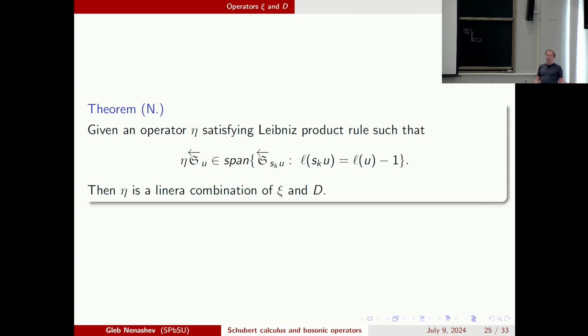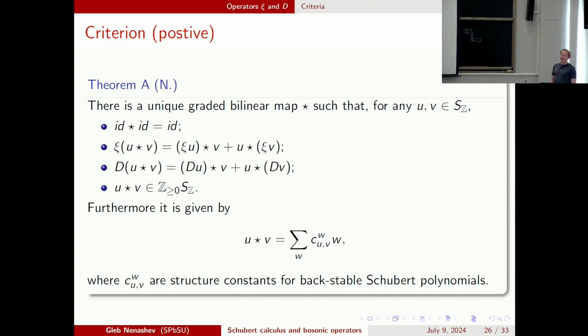For Schur functions, we have two operators, and they define everything. For Schubert polynomials, we again have two operators, and we don't have a third one. And it's not a problem, they define everything again, even in the Schubert case. But we need a bit more. There is a unique graded bilinear map star such that for any two permutations, identity times identity is identity.